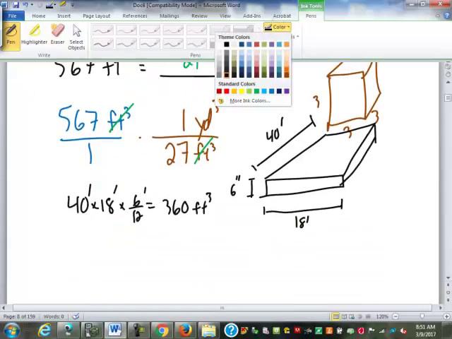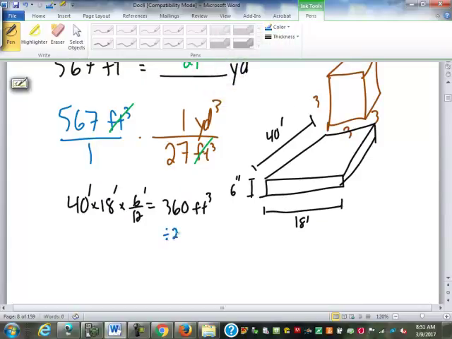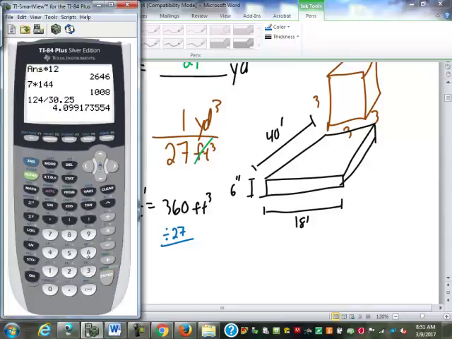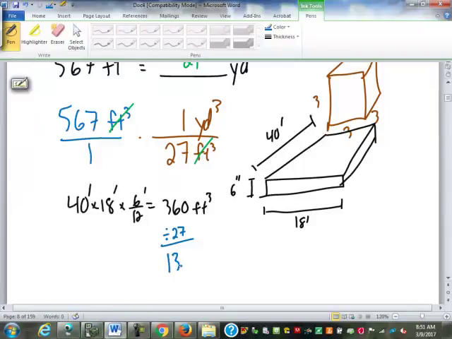To make that cubic yards, you've got to divide by 27. Now, generally, I would just estimate that in my head and say that's about 14 cubic yards. But to be exact, it is 13.33.